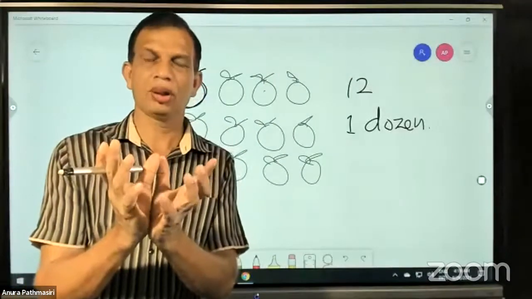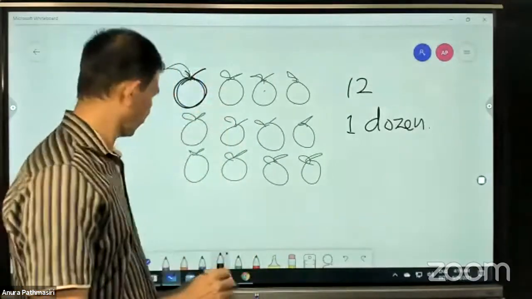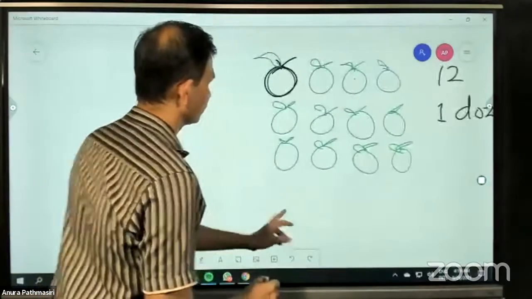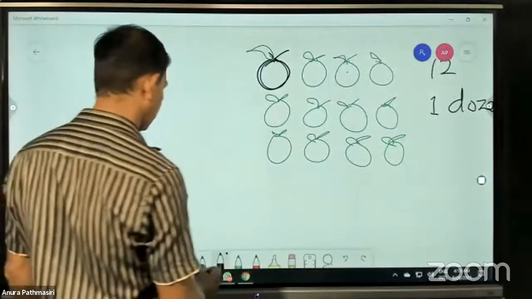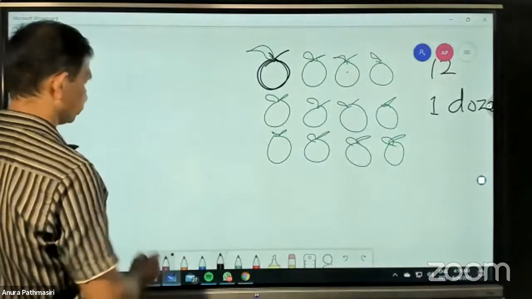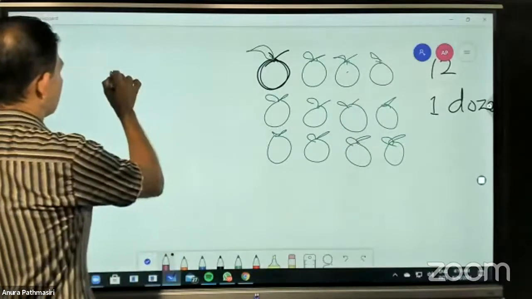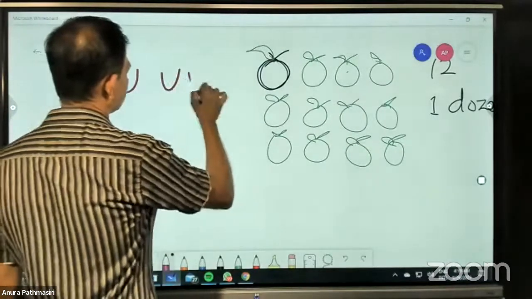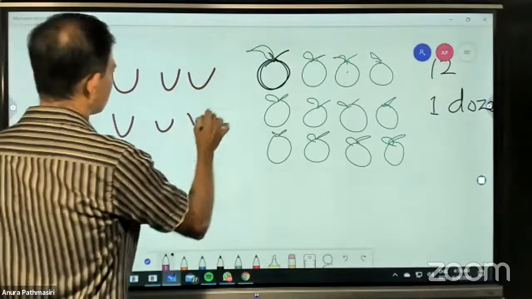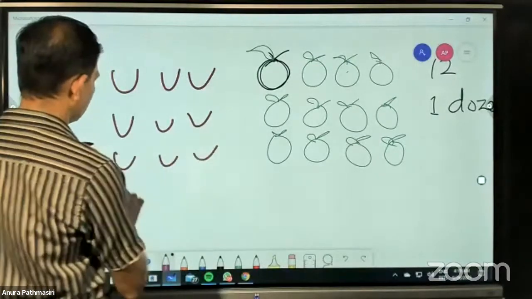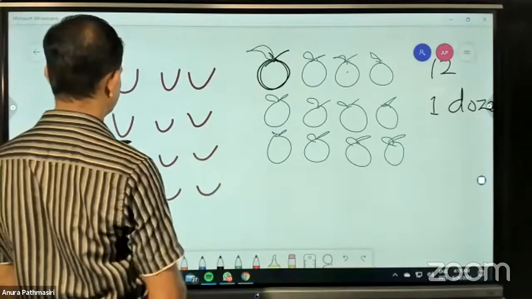Well, I'm going to make a bunch of fruits, or a bucket of fruits. This is a bucket. 1, 2, 3, 4, 5, 6, 7, 8, 9, 10, 11, 12.